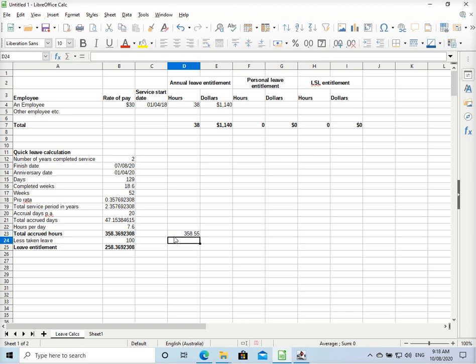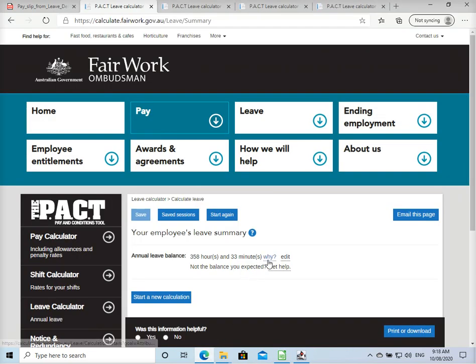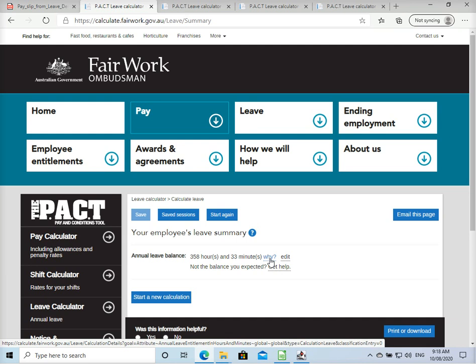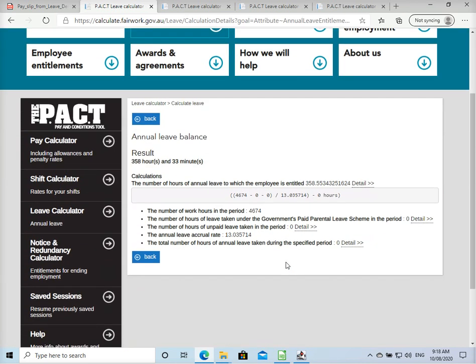So they're saying 358.55, which is a little bit higher. So why? Well, they've got a Y link here, which is going to explain that calculation. And what they've done is they've worked out that there are 4,674 hours worked in that period.